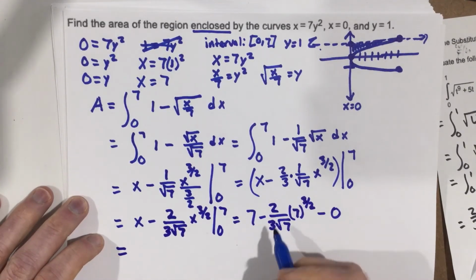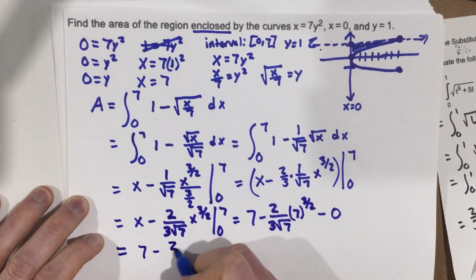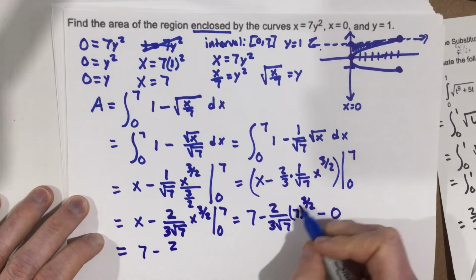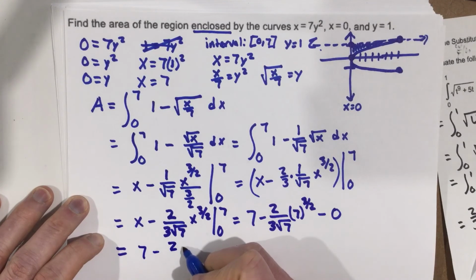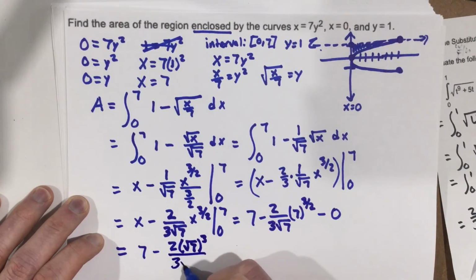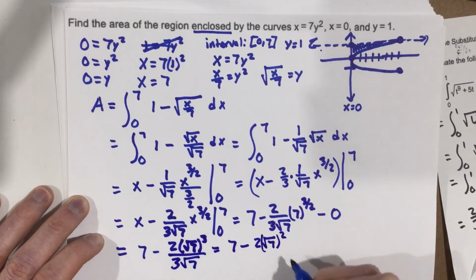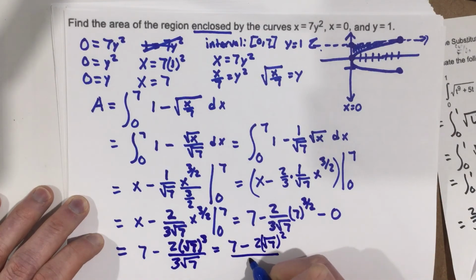So let's see, we end up with 7 minus 2 times, if I rewrite this, remember 7 to the 3/2 is the same as root 7 to the 3rd power over 3 root 7, which equals 7 minus, I can cancel one of the root 7s, so we get 2 root 7 squared over 3.